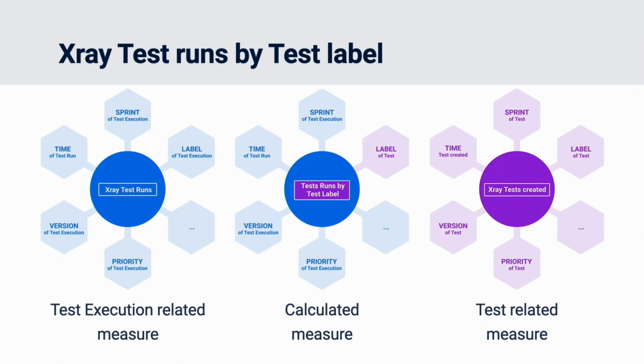In many cases, they were asked to count test runs, which are usually based on parameters assigned to the test executions, but they want to see them by labels assigned to the tests. So I needed to find how to redefine the relation between label and test runs.